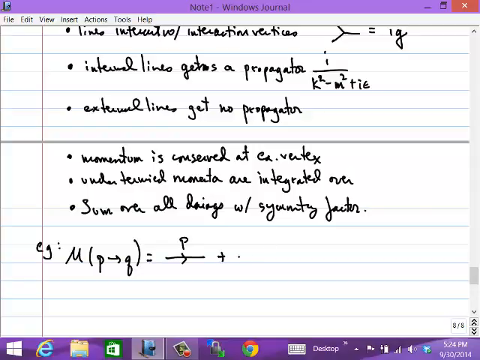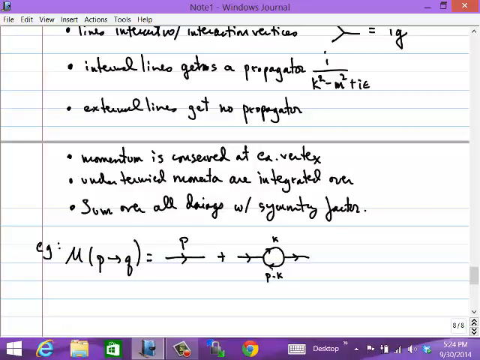And then you get a one-loop diagram, where you have one undetermined momentum k that goes up top, and by momentum conservation, you have a momentum p minus k on the bottom.